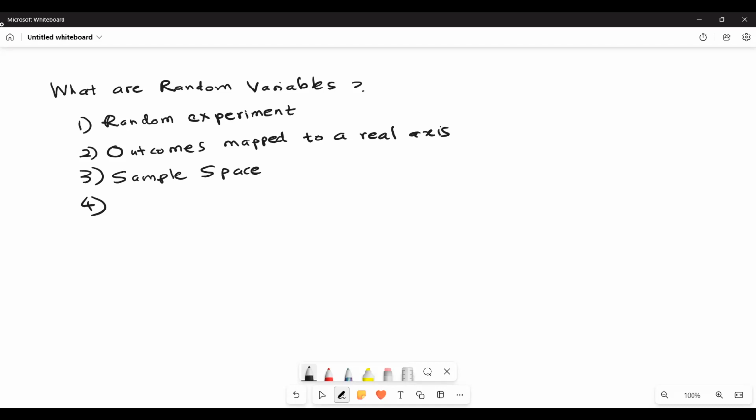We need to know each and every outcome of that experiment, define it in the sample space, and also define the probability of each outcome, right? These things I discussed in the last class.